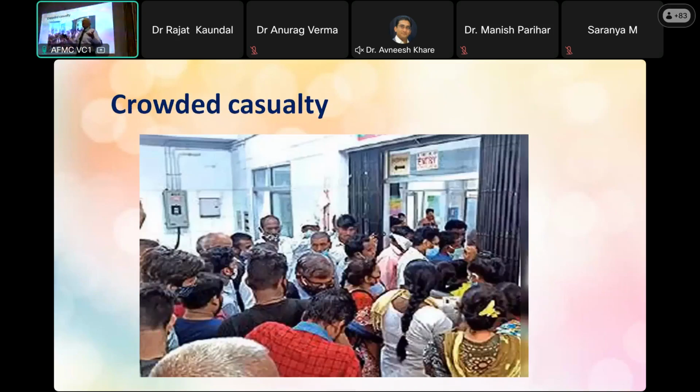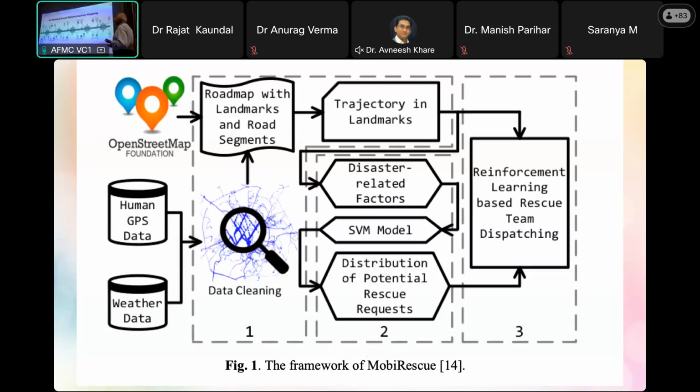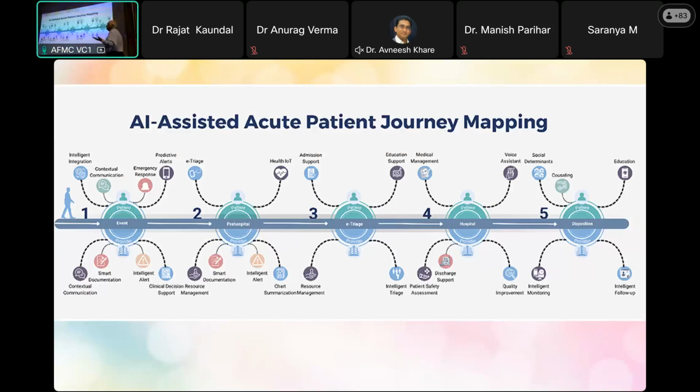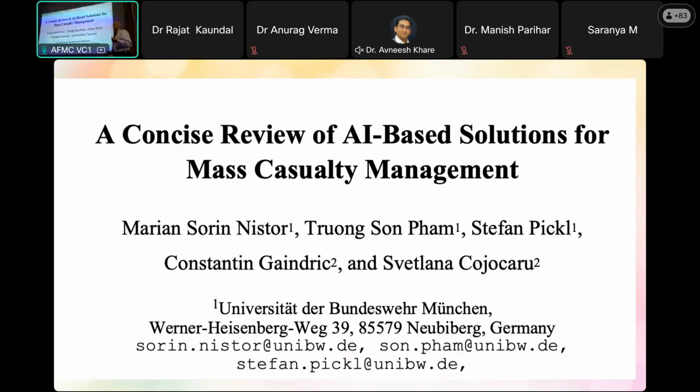Imagine this kind of situation. Clinical software can help me find out how to take it through this. This is called AI-assisted acute patient journey mapping, and a concise review of AI-based solutions for mass casualty management. They were talking about 6 patients and which patient to prioritize. These are things which will probably come over a period of time.